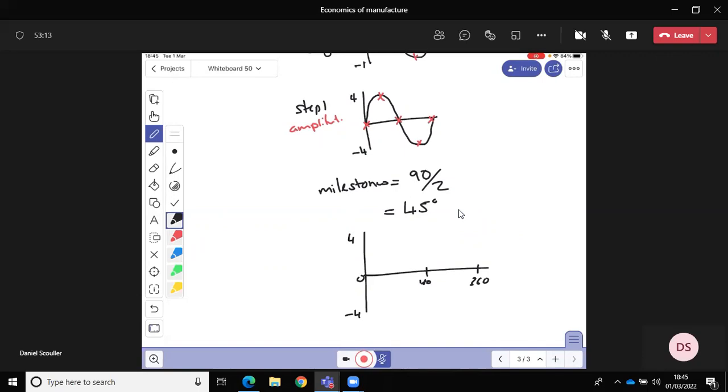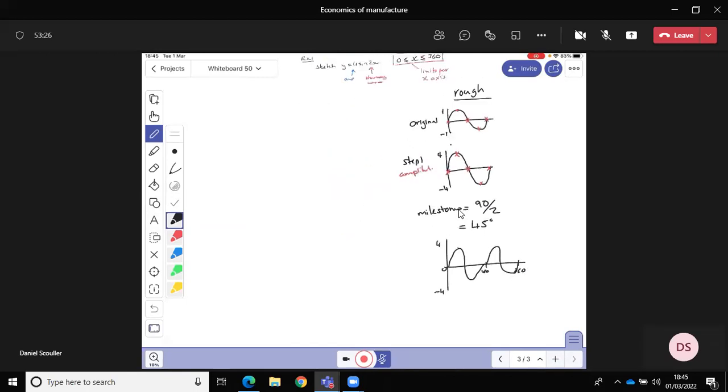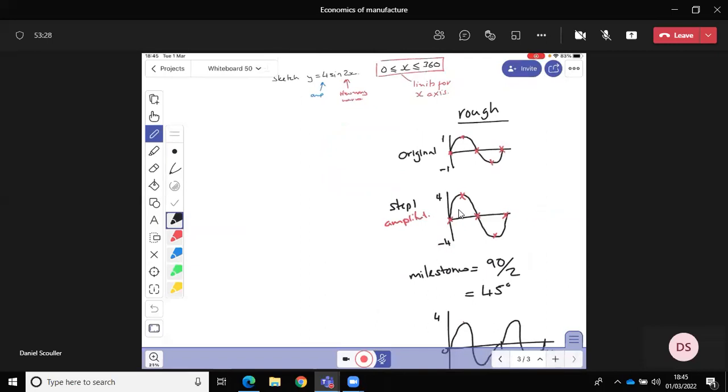If I was to draw that roughly, it's very rough, but now I've got in my head what I'm trying to get, and now I can go up and confidently draw.